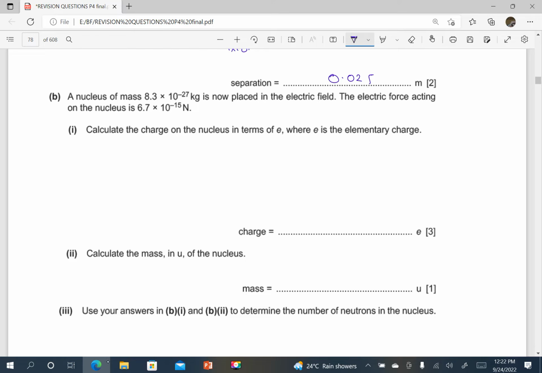A nucleus of mass 8.3 times 10 power negative 27 kilograms is now placed in the electric field. The electric force acting on the nucleus is 6.7 times 10 power negative 15 newtons. Calculate the charge on the nucleus in terms of e. So we know that E is equal to the force acting on a unit positive charge.